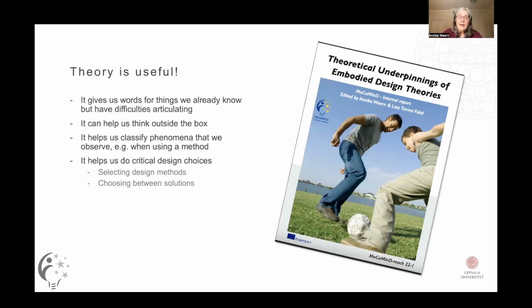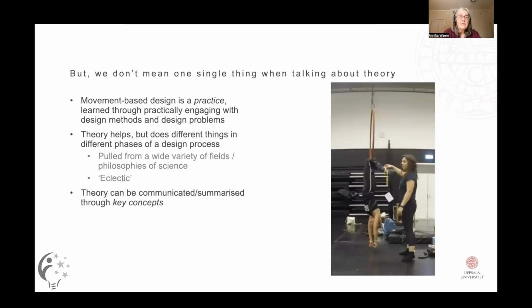So theory has a use in practice, but how? How can we make that happen? When we discuss this, we need to start with understanding that we don't mean one single thing when we talk about theory. And why is that? So movement-based design is a practice. It's very, very practical.